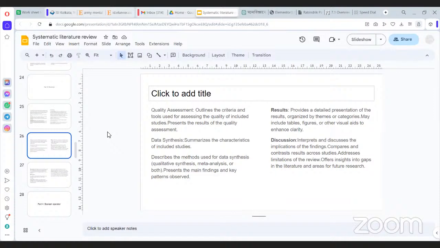But how will we justify? We have to justify according to our research question, right? Yes, no other criteria, your research question is the most important part.